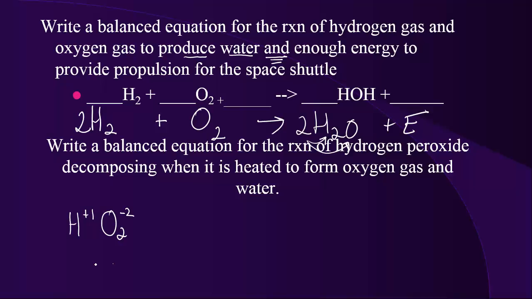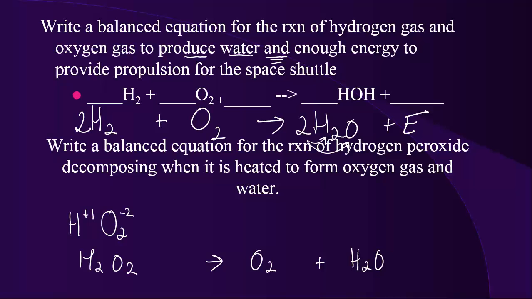So you have to do H2O2. And then yields, when it's heated to form oxygen gas, so it's O2, because O2 is by itself and it is one of the brother Huncliffes. And then it's plus H2O. Okay?